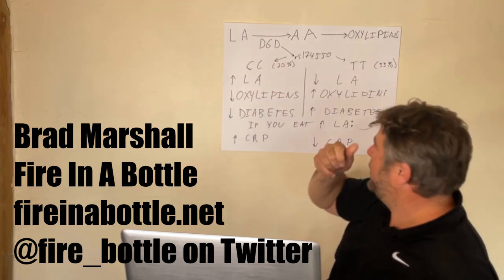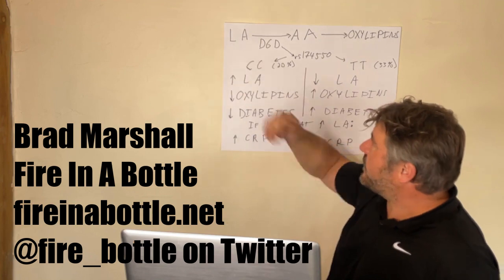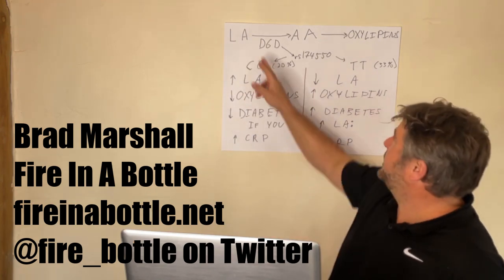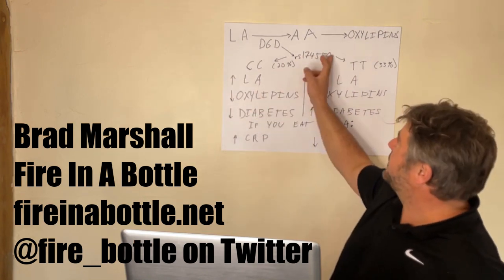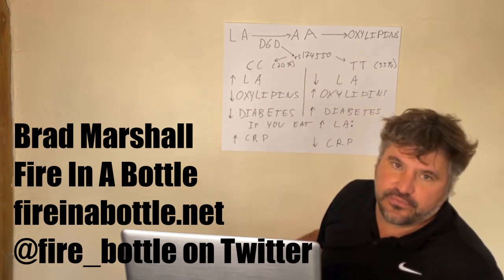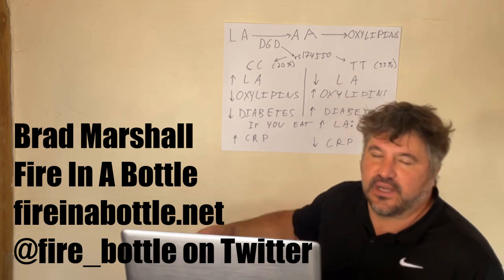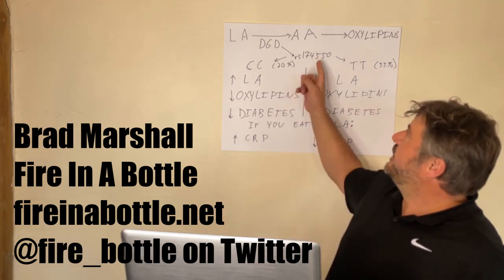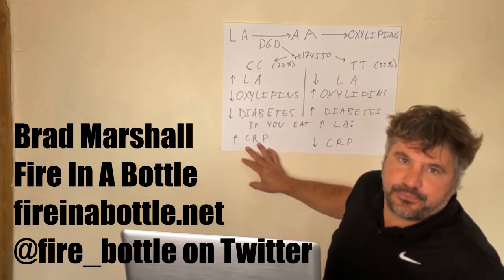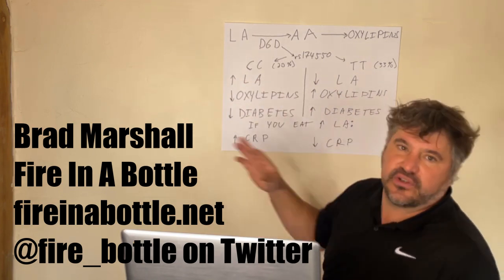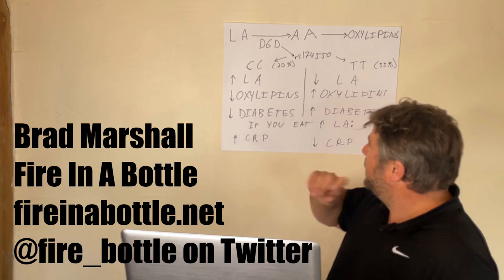So delta-6 desaturase is converting linoleic acid to oxylipins, and there is this variant called RS174550. You can have either, and so I have two groups of people here. And all of this results from this study.